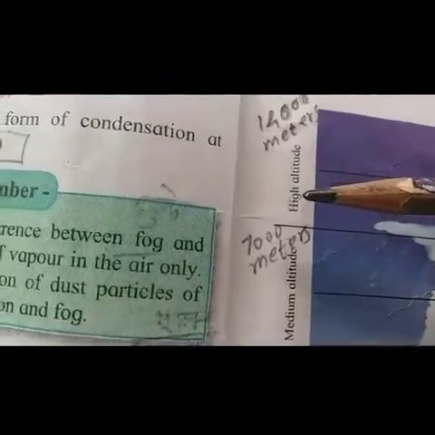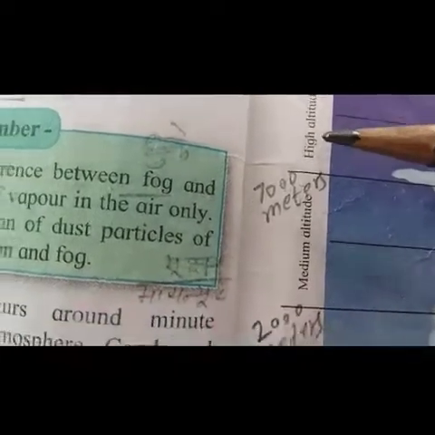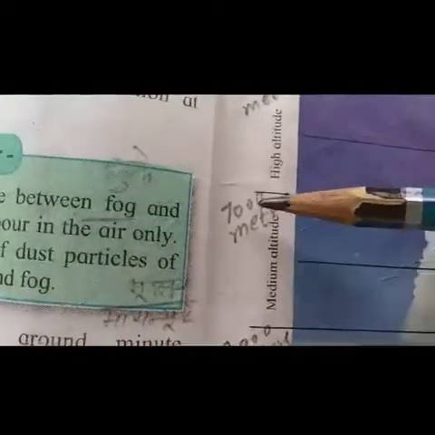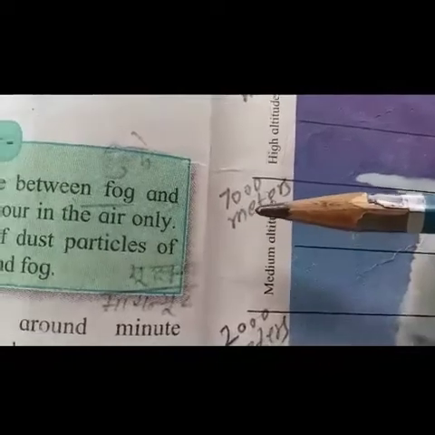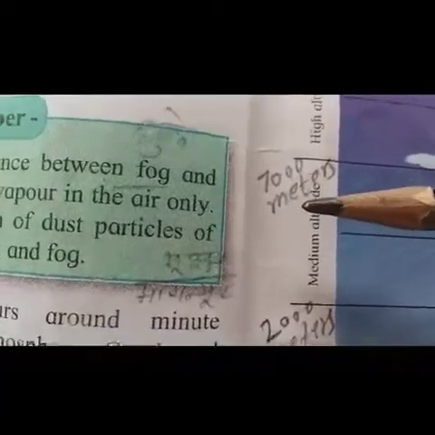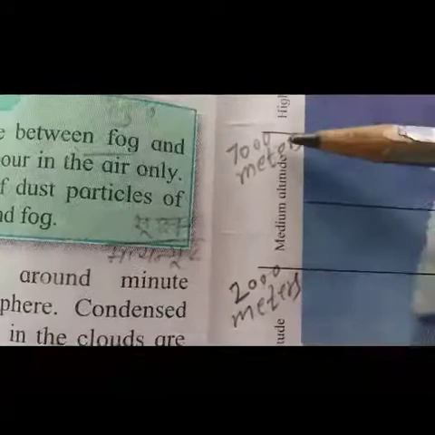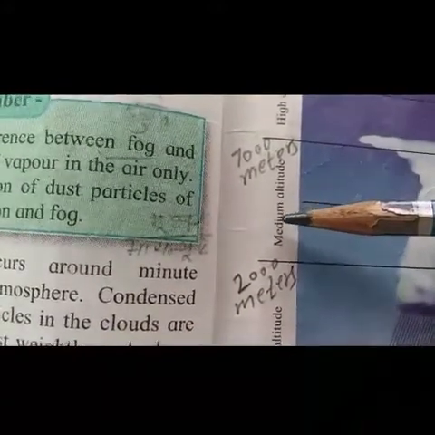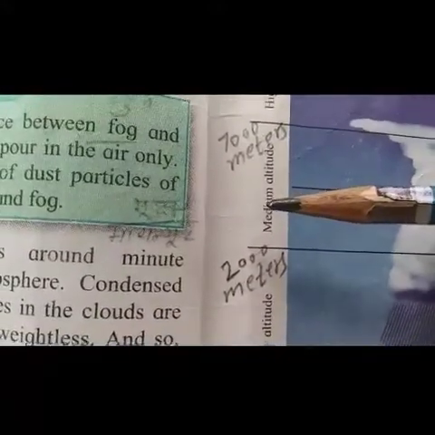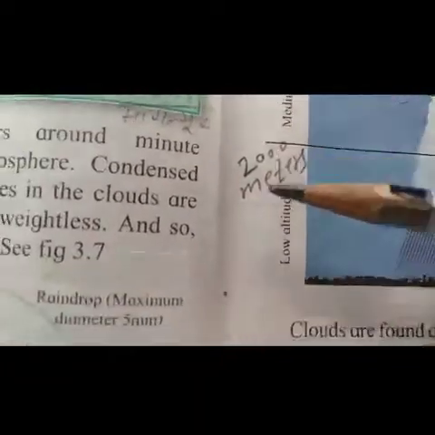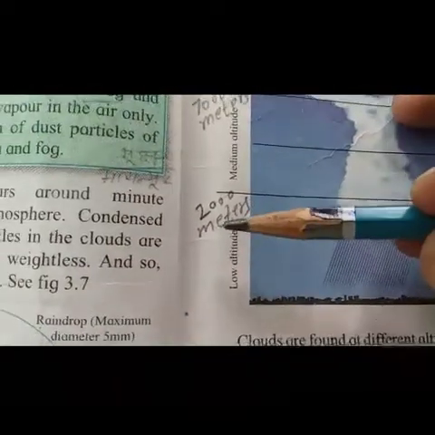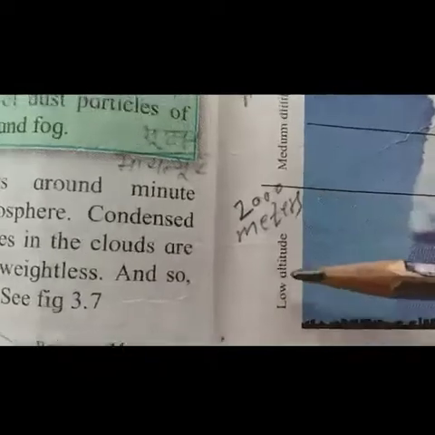If they are at an altitude of around 2,000 meters to 7,000 meters, then they are considered to be medium clouds. If they are at an altitude of less than 2,000 meters, then they are low clouds.